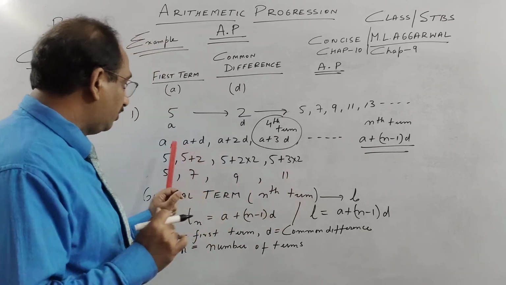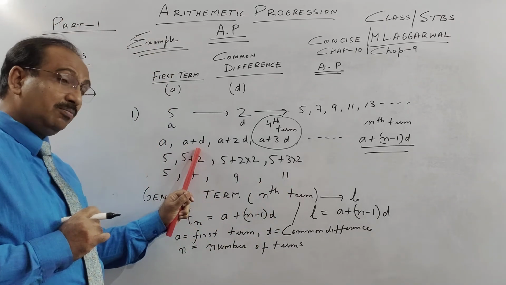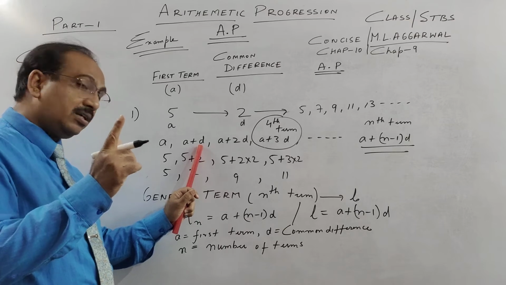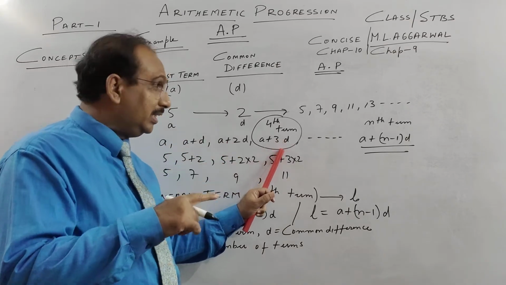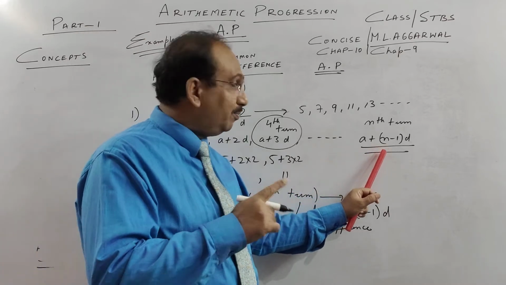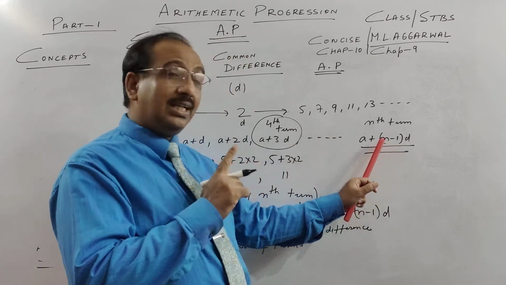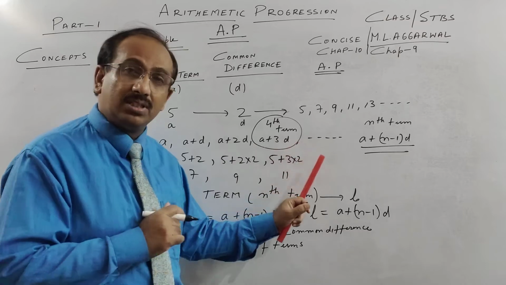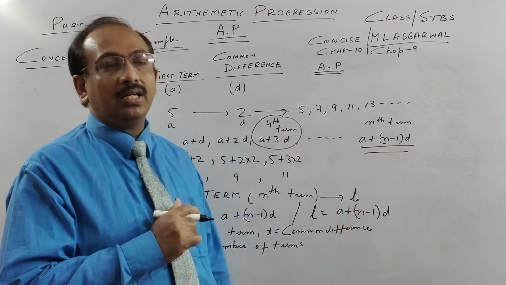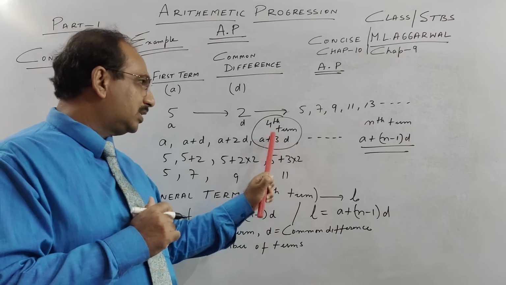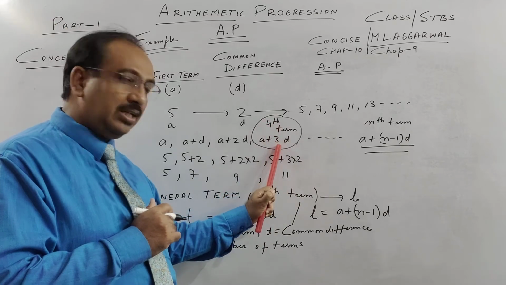So once more you see, the first term is only a. The second term is d, the third term is 2d, the fourth term is 3d. That means for the nth term, d will be 1 less than the number of the term, as we have seen in the pattern. So the nth term is a plus n minus 1 d, because this is the fourth term, this is 3d.